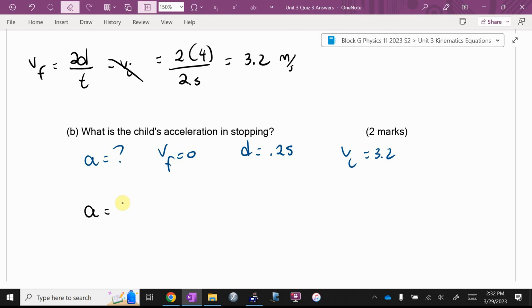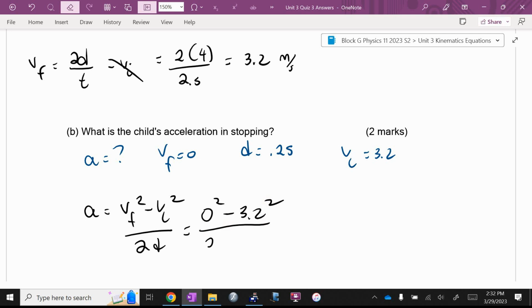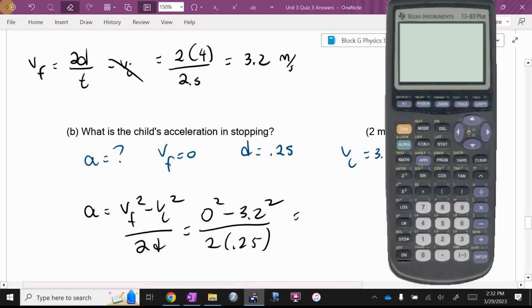Get the A by itself. A equals. Yep, yep, yep. 0 squared minus 3.2 squared all over 2 times 0.25. Zero squared minus 3.2 squared, close bracket, divided by bracket 2 times 0.25.